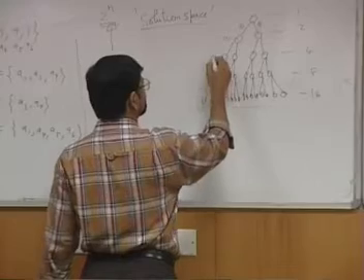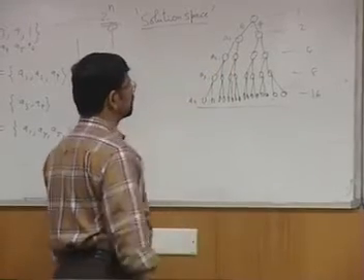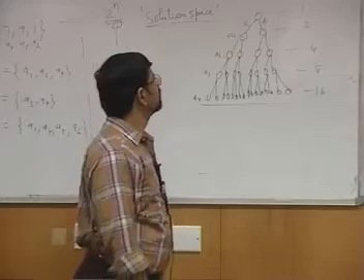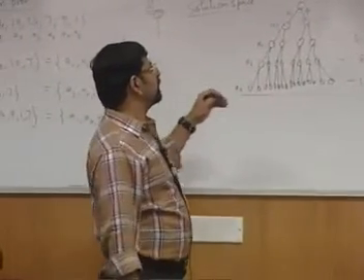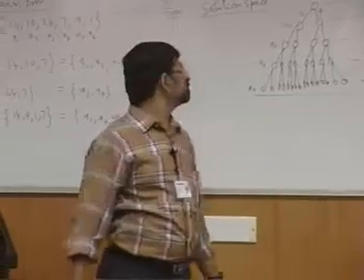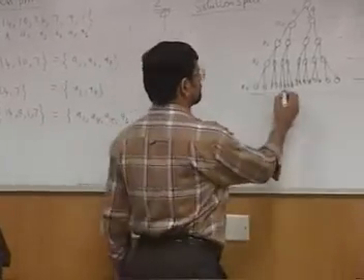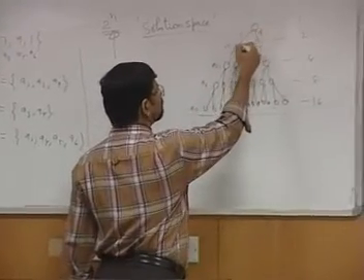So A1, A2, A3, A4. Let us say 4 items. If I take a left turn, I include an item. If I take a right turn, I do not include an item. So let us consider here. I start from the root.